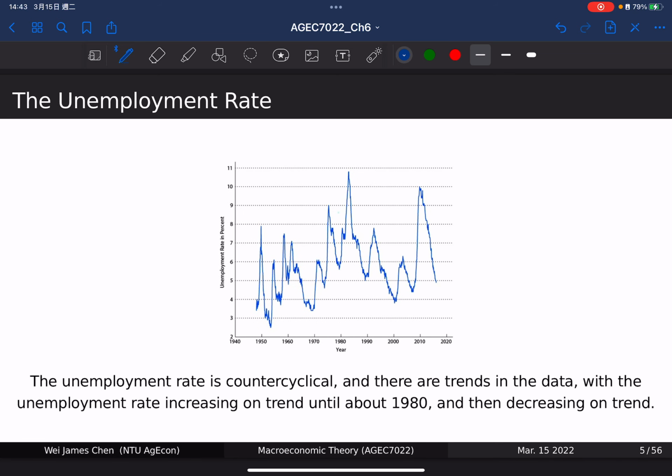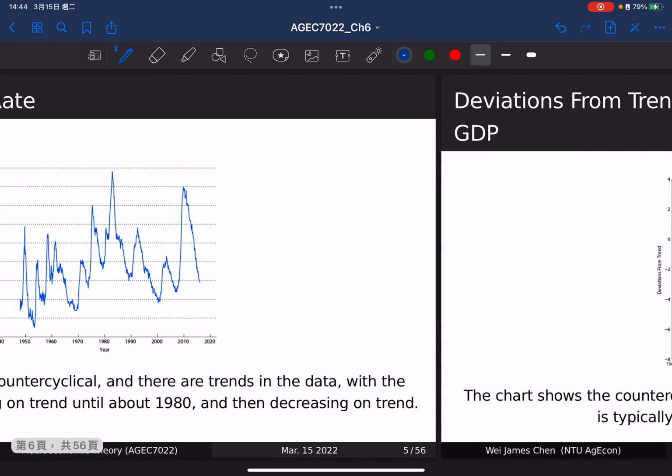And this is the unemployment rate since after the Second World War in the United States.